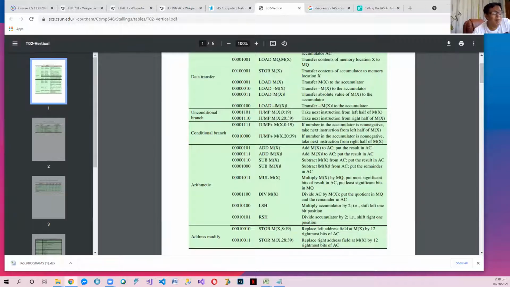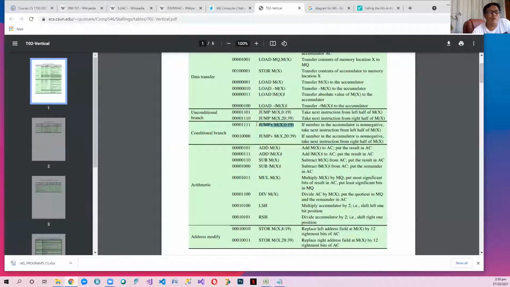This will work with 1 minus 2, because 1 minus 2 becomes negative 1. Jump plus will no longer execute. Do you follow? This is the main difference between CF and jump plus.